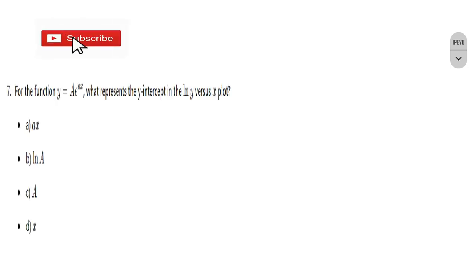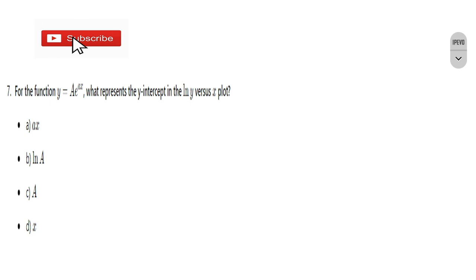The next question says, for the function y equals A exponential ax, what represents the y-intercept in the ln y versus x plot?